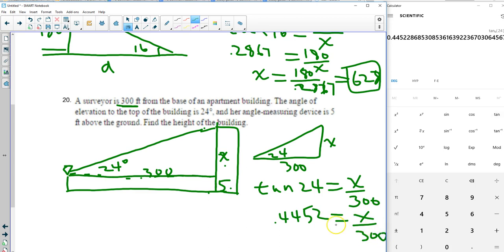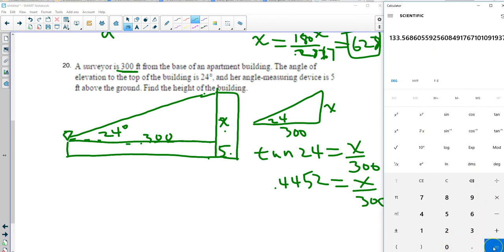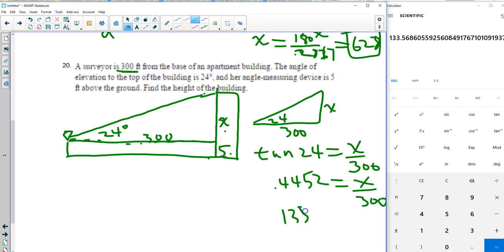So now this time X is at the top, so all we do is multiply straight across. So we'll get 300 times 0.4452. So I'll multiply this by 300. And that gives us 133.57. It doesn't tell us to round anything, so I would just round it to the whole number because it's a big height.